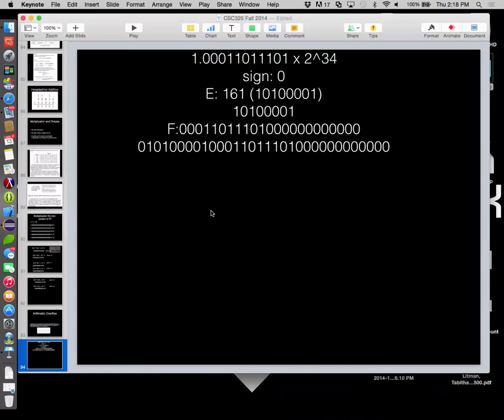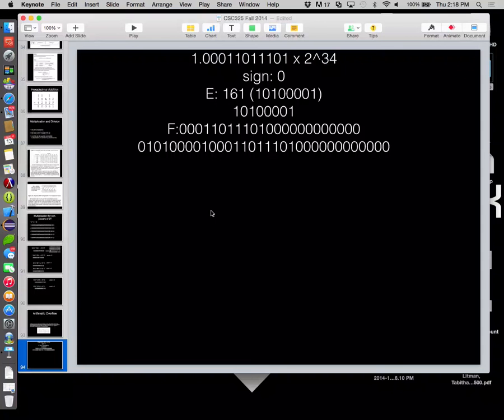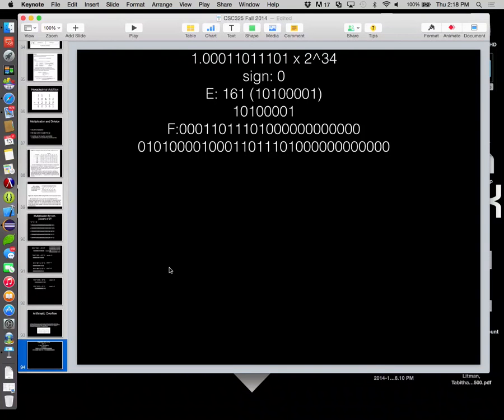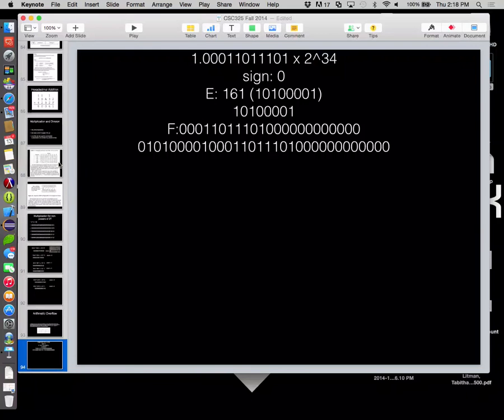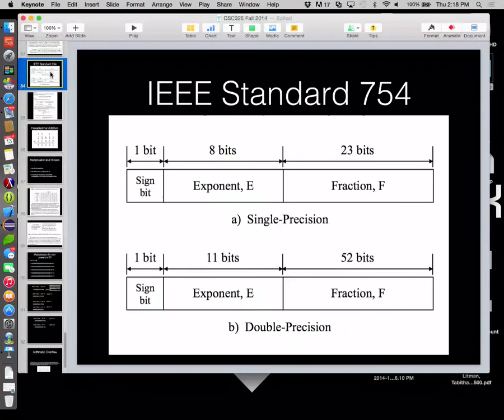Why do we need to go up to here? Because if we look at the standard, I'll go one slide back from this. We have two standards. One of them has an 8-bit exponent and a 23-bit fraction.